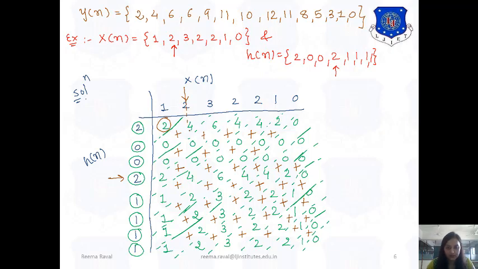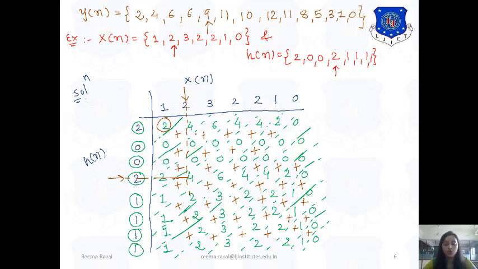So let us consider this, and this going like this. This will intersect here where the value is 1 plus 4 is 5, 5 plus 4 is 9, that means here there will be the arrow. Okay, so this is how the tabulation method works to get the final output sequence.